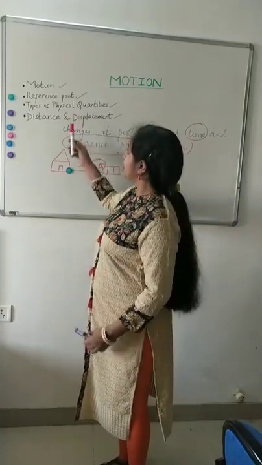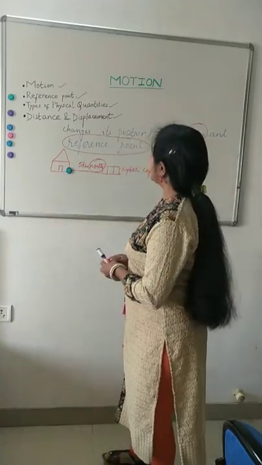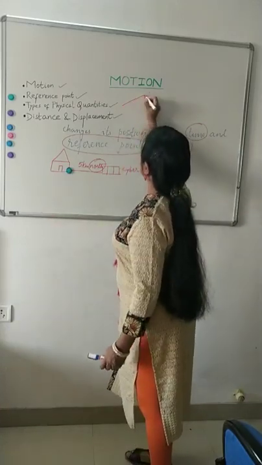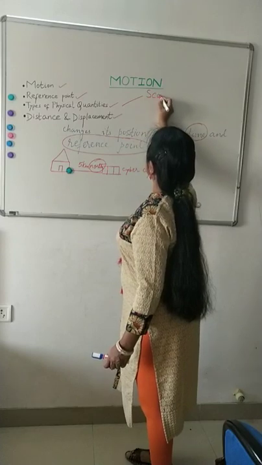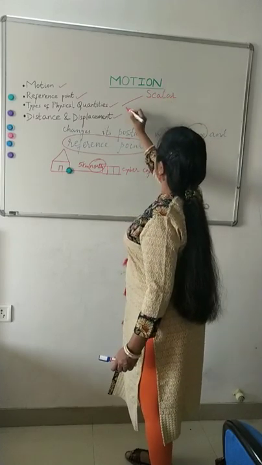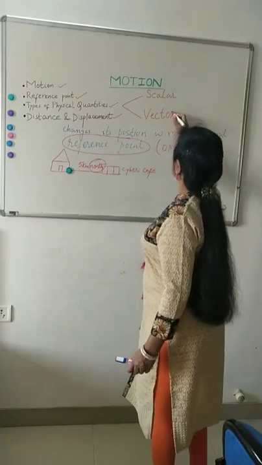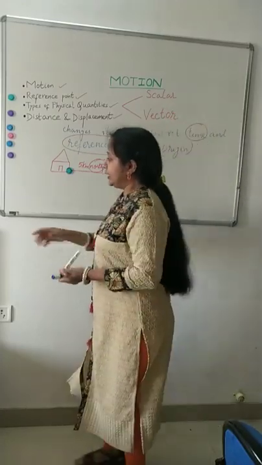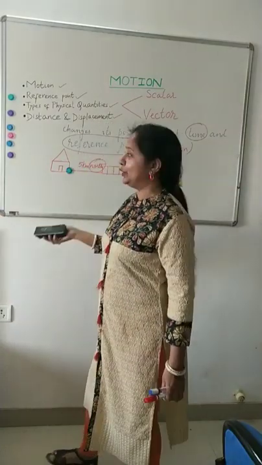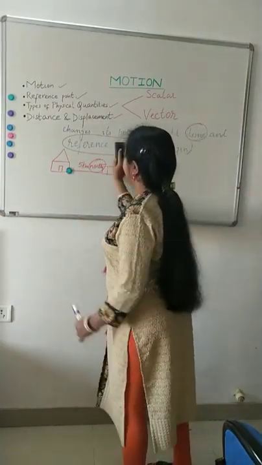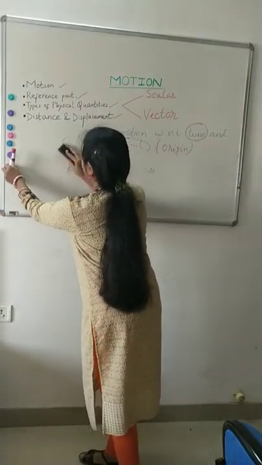There are two types of physical quantities and those quantities are scalar quantities and vector quantities. These two terms are absolutely new for your class. Let us see what these quantities are.